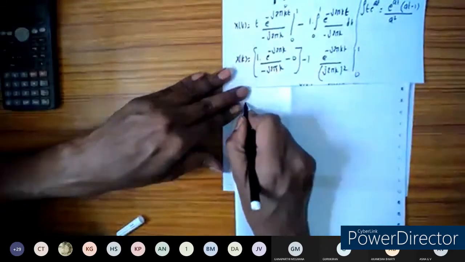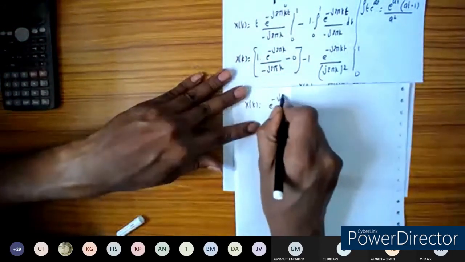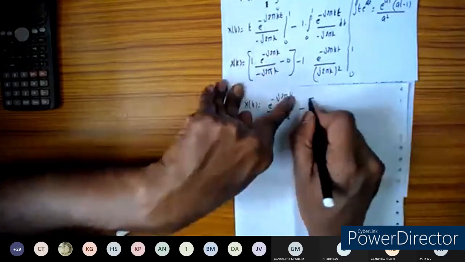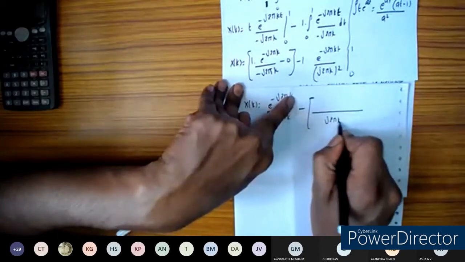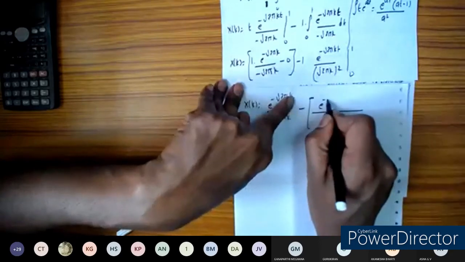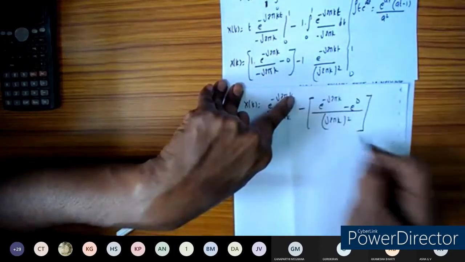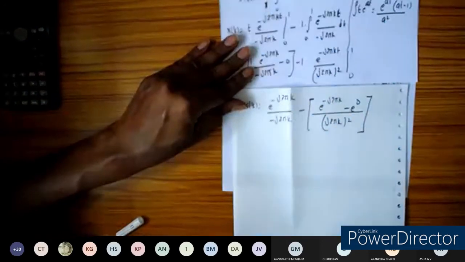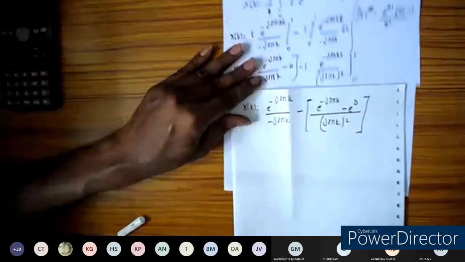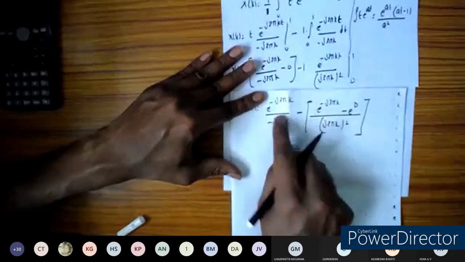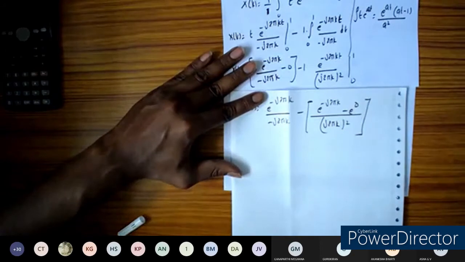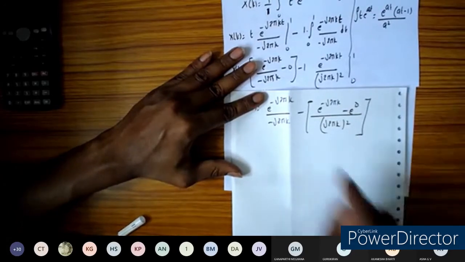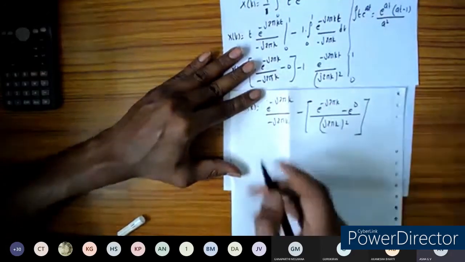So X of k will become e to the power of minus j 2 pi k divided by minus j 2 pi k, minus 1 into, so this is (j 2 pi k) the whole square, the integration of this one, e to the power of minus j 2 pi k minus e to the power of 0, will come here. Done. Any doubts in this one? No, okay, fine.